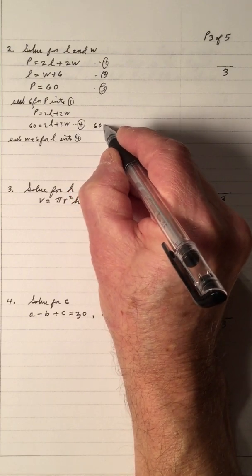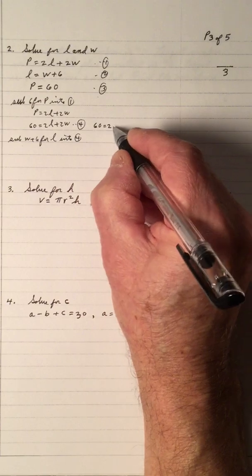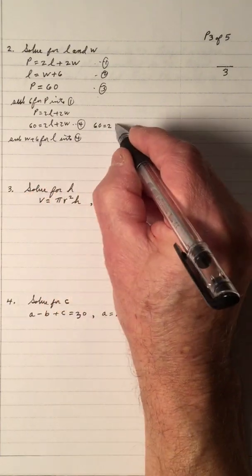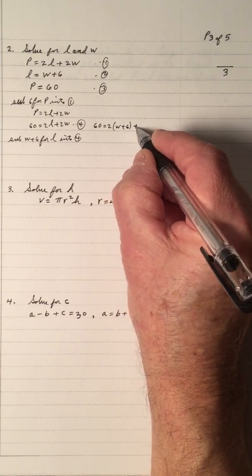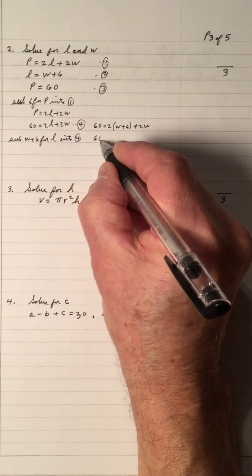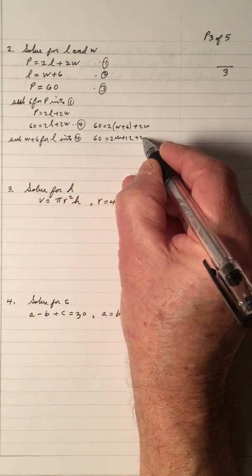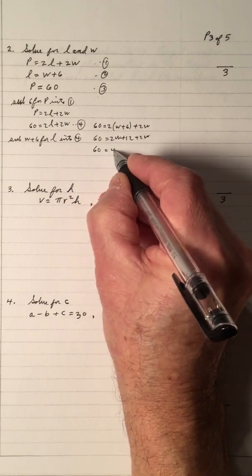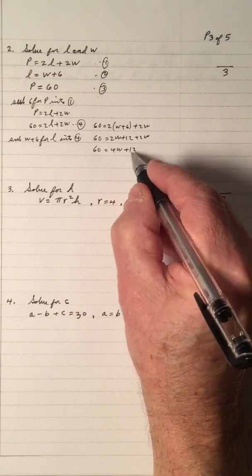So 60 equals 2 times W plus 6, subbed in for L, plus 2W. So 60 equals 2W plus 12 plus 2W. So 60 equals 4W plus 12.